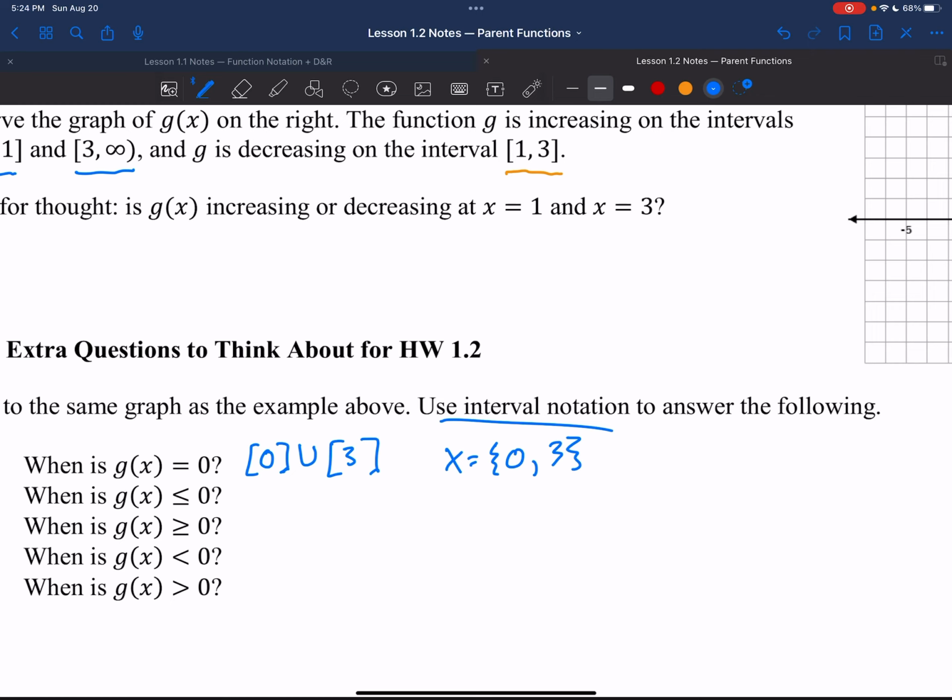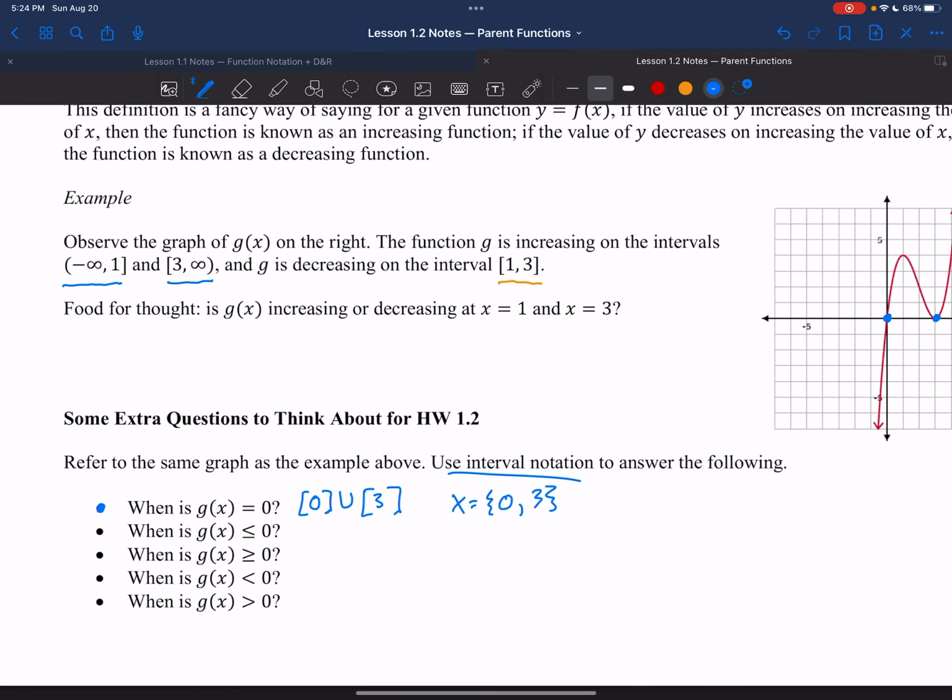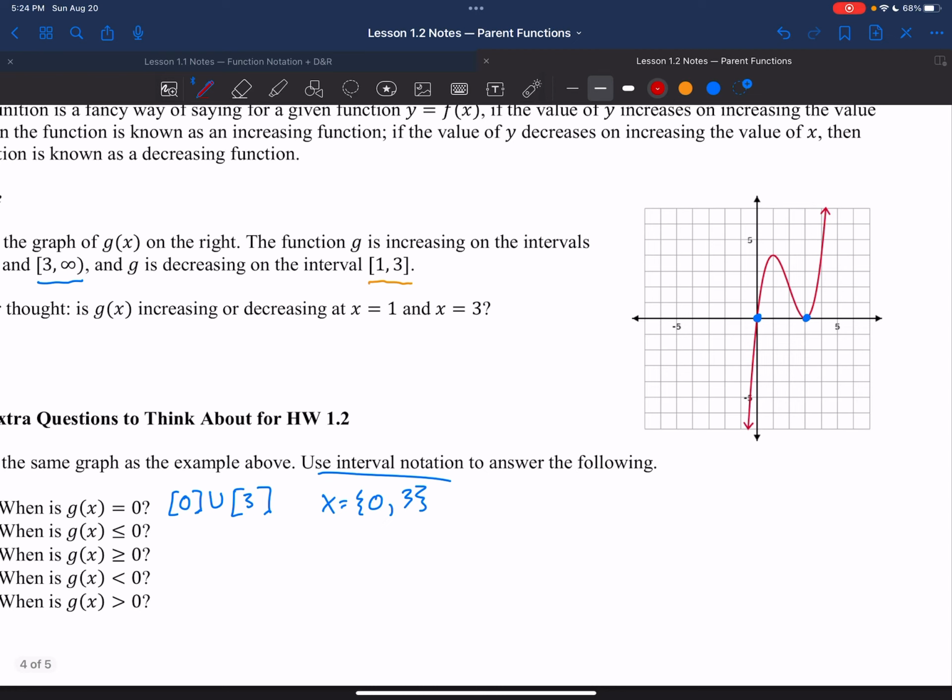Okay. So then let's look at the next one. It says, when is g of x less than or equal to 0? So I'll put a little red dot here. To be less than 0 means to be below the x-axis. This is the x-axis.